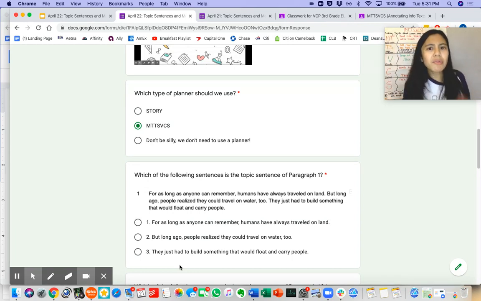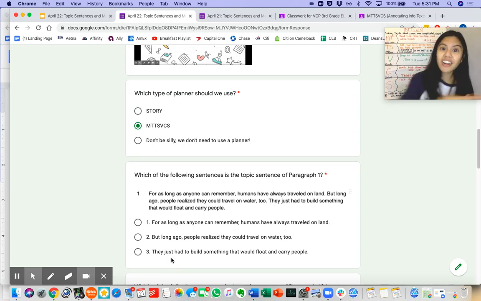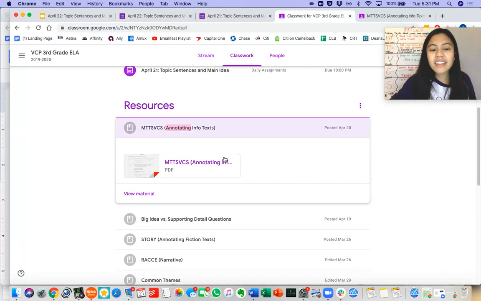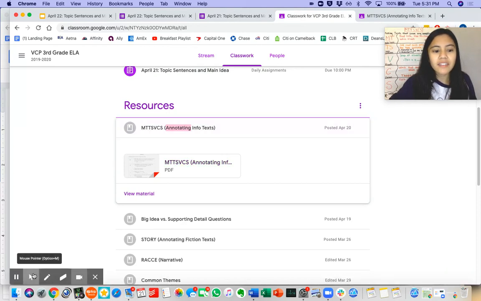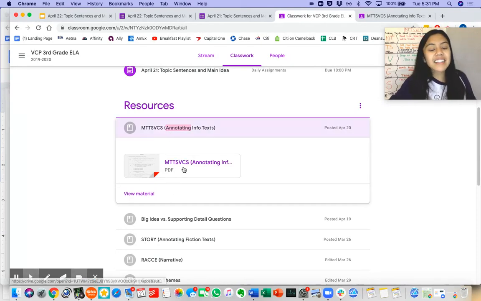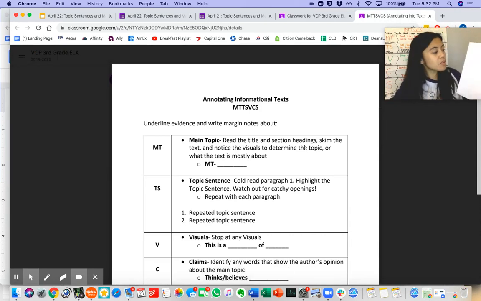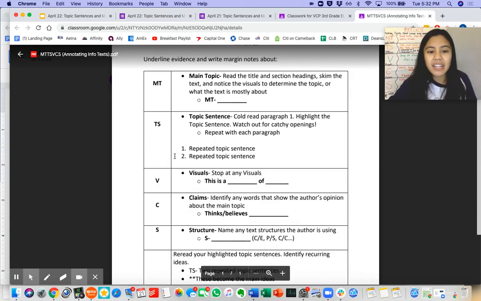Again, friends, if you need a reminder for how to draw a Making Text That Seem Very Complicated Simple planner, remember that you can go to Classwork, and then click on our planner, which will bring up this resource. Again, remember you need to draw 1 line down and 4 lines across and fill out our letters.